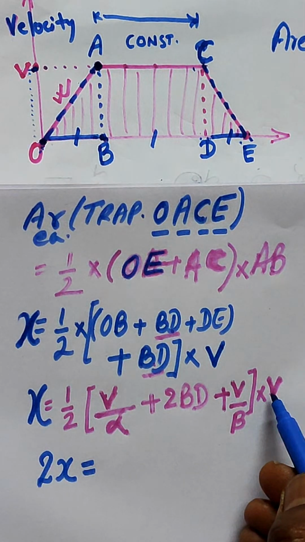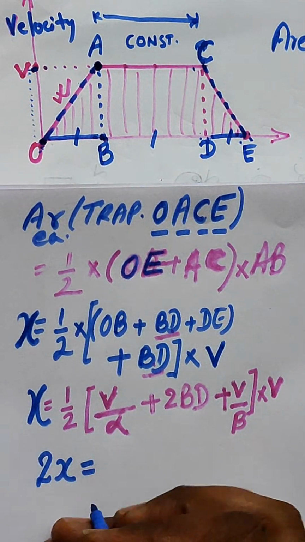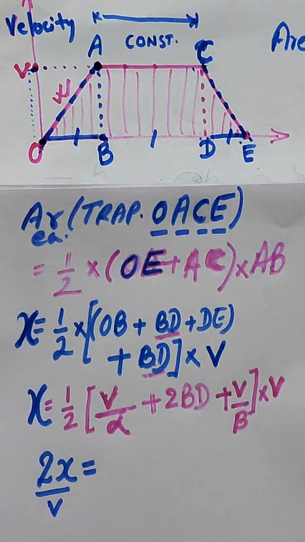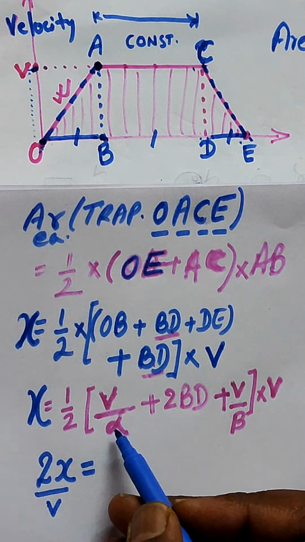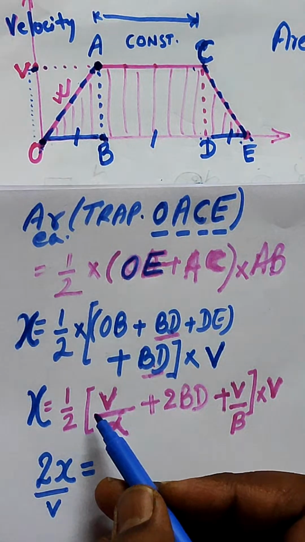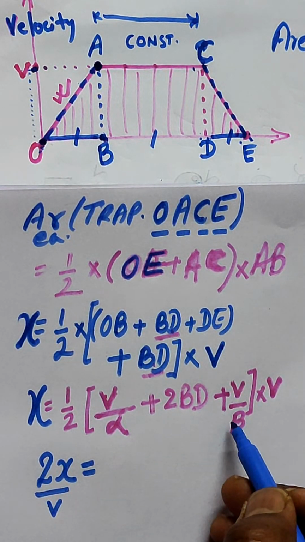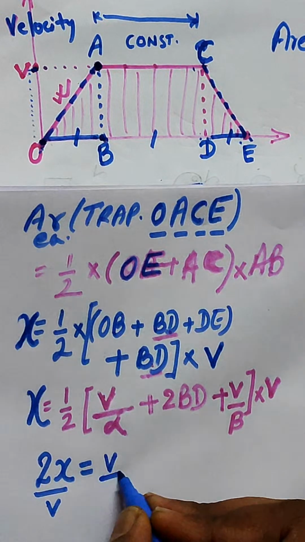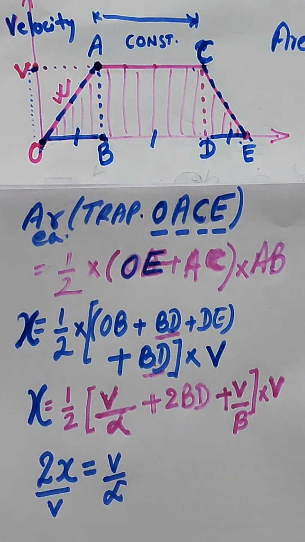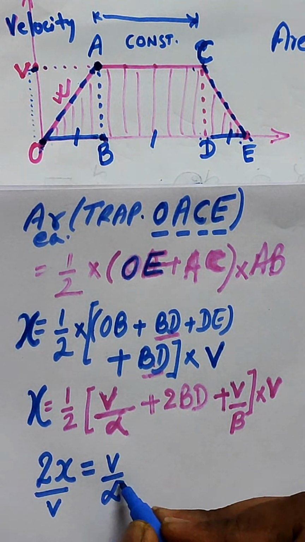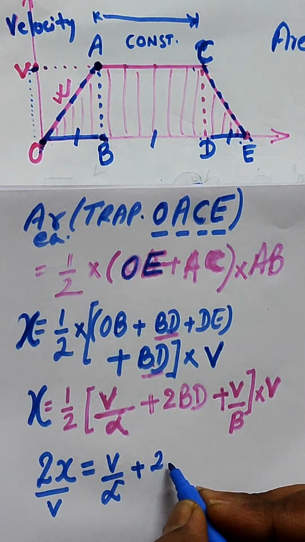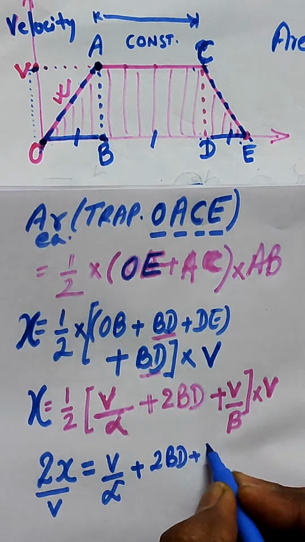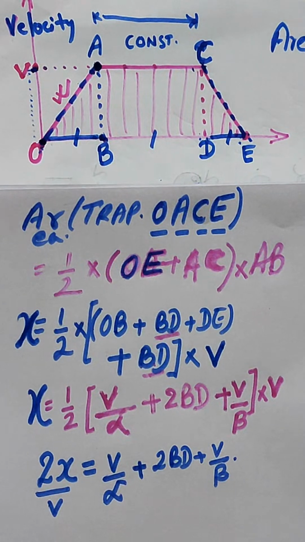So V from the RHS can be taken into the LHS. So this will give you 2X by V, right? And in the RHS, we are left with V by alpha plus 2BD plus V by beta, right?